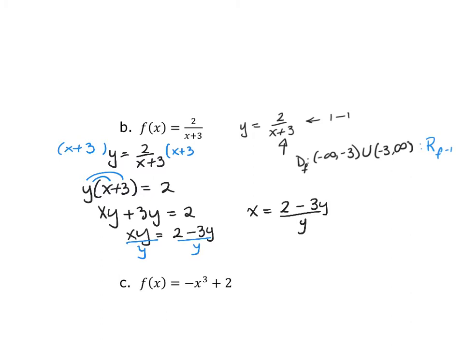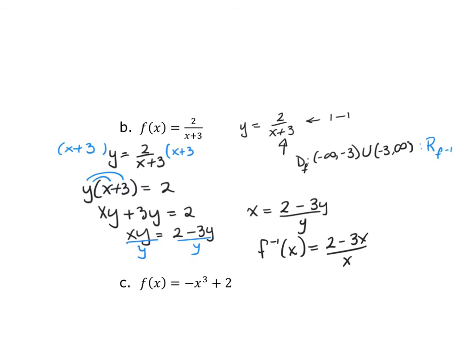My last step is to replace f inverse of x with y, and y with x's. So at this moment, f inverse of x is equal to (2 minus 3x) over x. It is at that moment that my domains become ranges and my ranges become domains.